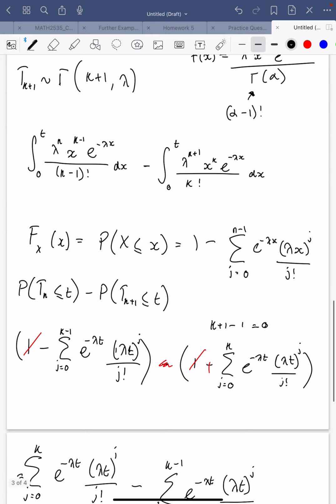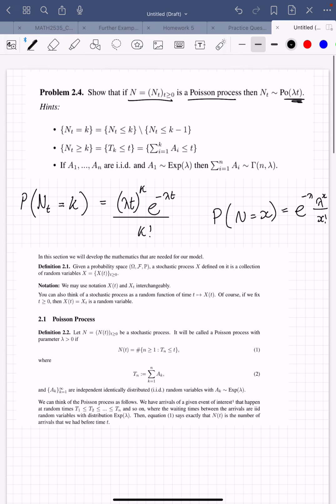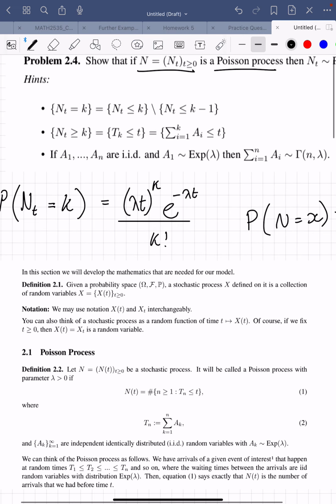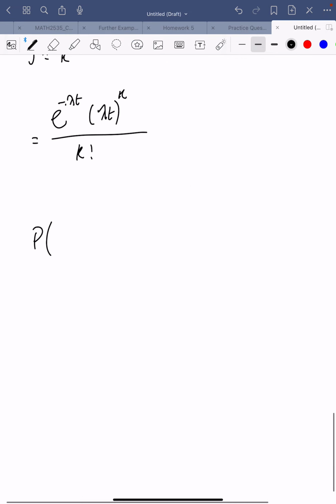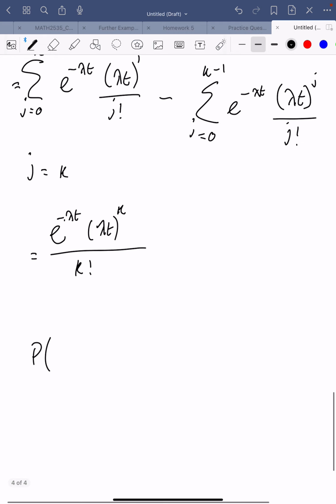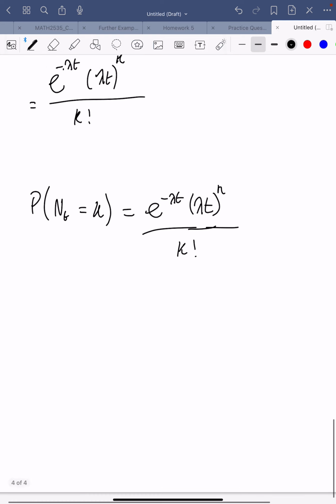Now, if we scroll all the way to the top, we now have our final result, that the probability of N_t equal to k is equal to e^(minus lambda t) (lambda t)^k over k factorial.